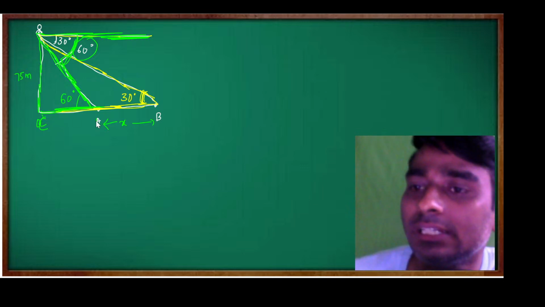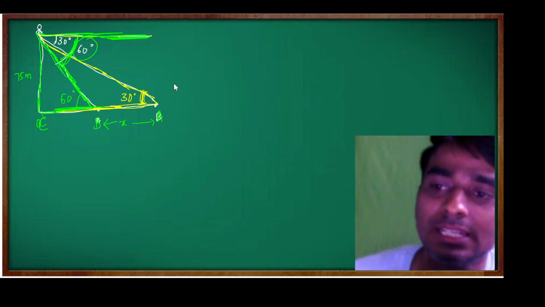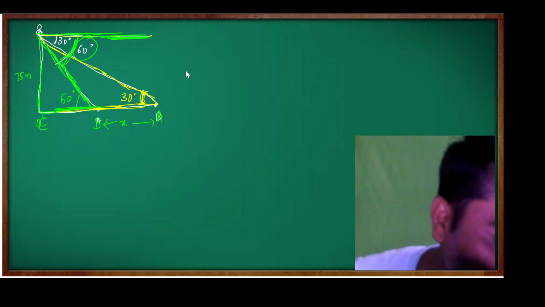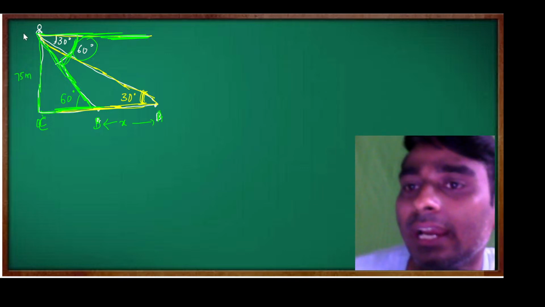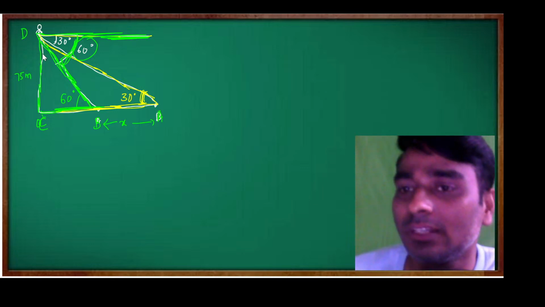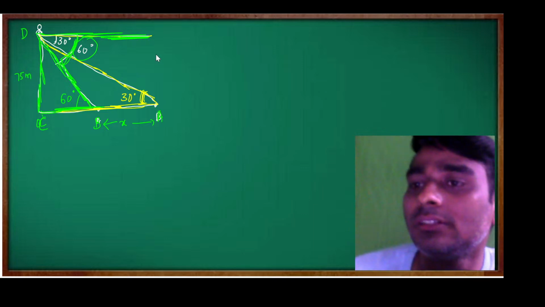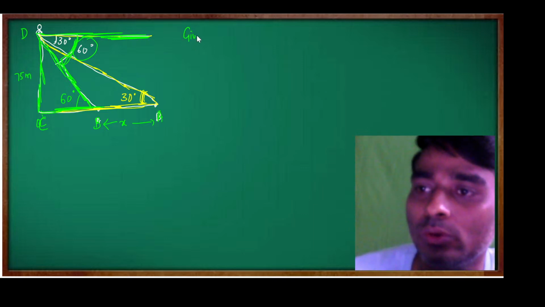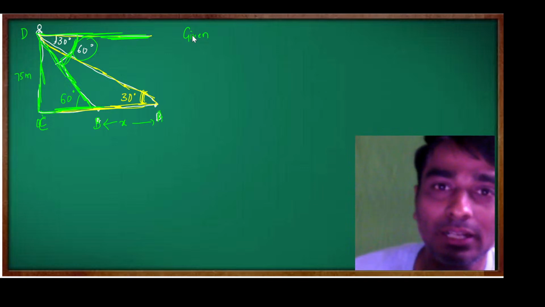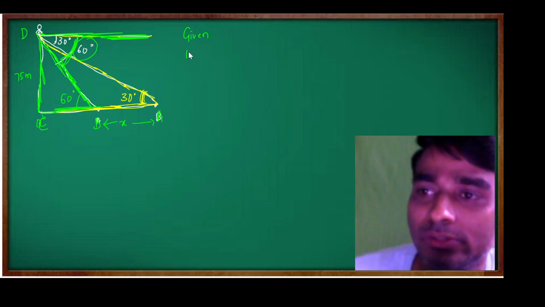Let me write B here and A here, with A, B, C in order from right to left, and let this be D. Now two angles are there, and you have the height. I have told you how you need to select the trigonometric function. That is where you struggle, no?